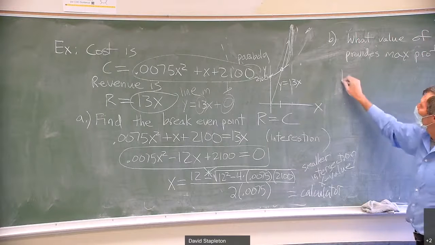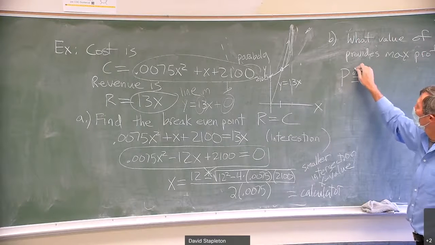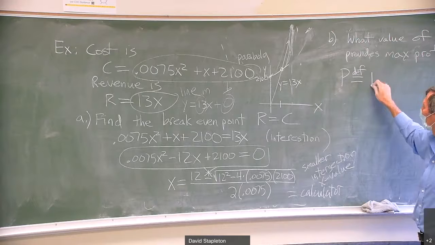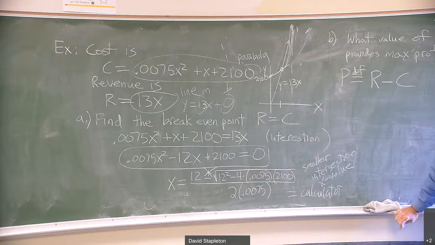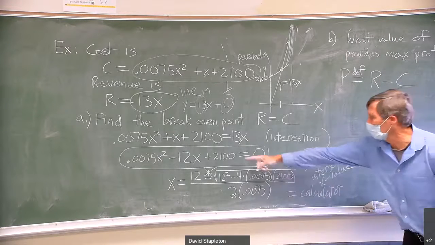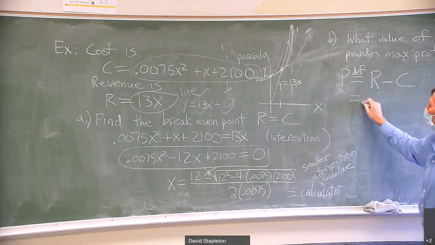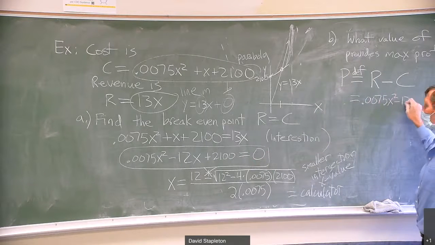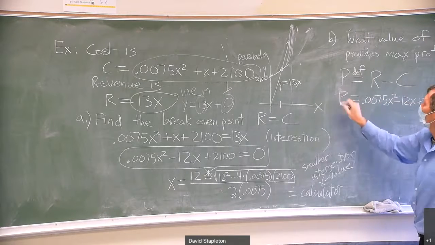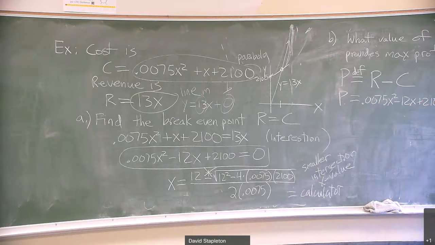Well, profit is defined to be, I'll put DEF for definition, revenue minus cost. So the profit function is what we wrote here, 0.0075x squared minus 12x plus 2,100. The revenue function minus the cost function. That's the profit. Now, how do I find the maximum profit?